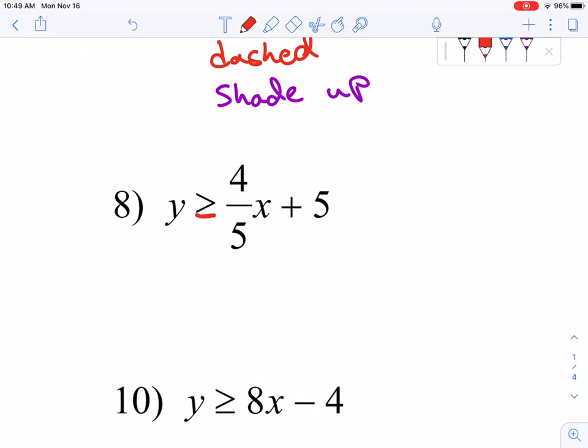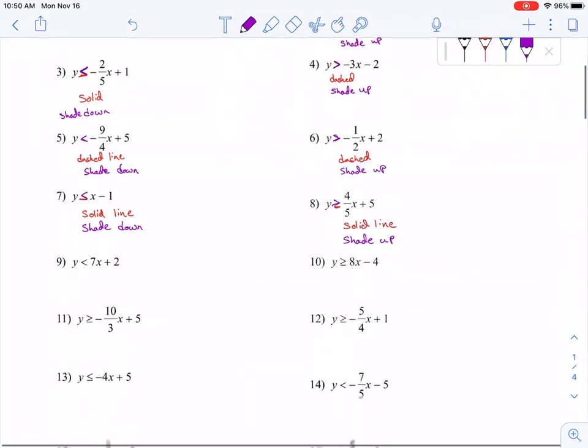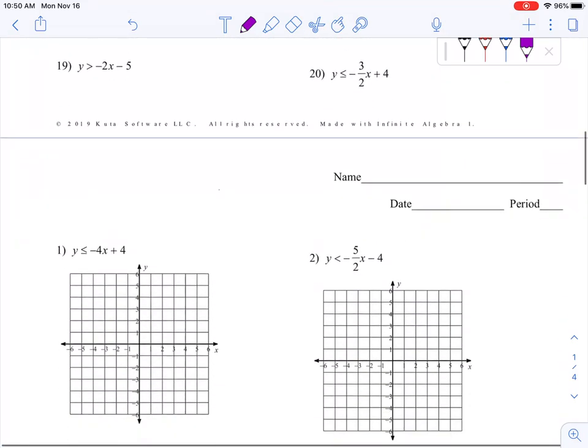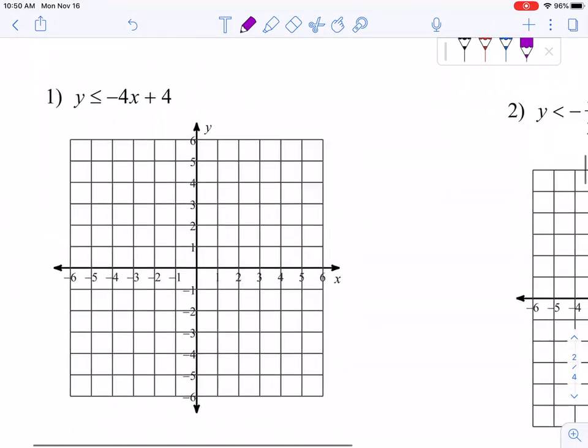Solid line, which means we have or equal to, which means solid line. A line underneath means we're going to use a solid line. And then y is greater than, so this means we're going to shade up. I'm not going to do all of these. Let's take a look at just some single lines here before we get to our double lines.